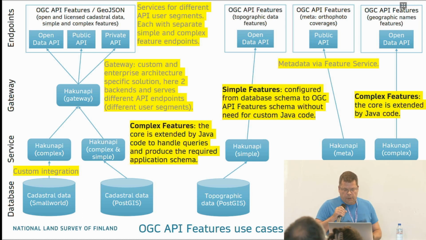So those services do not need any Java code. But then there are those more difficult application schemas that, as I already said, also need custom Java code. So those were the use cases that are in bold text.